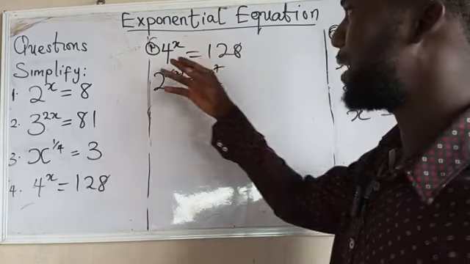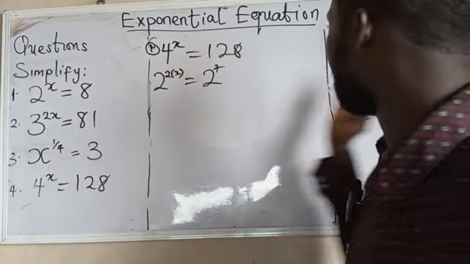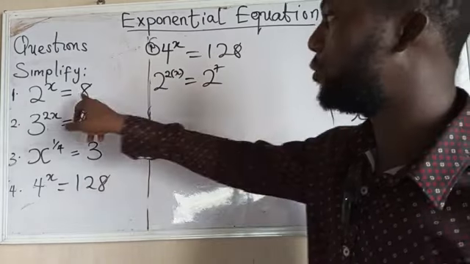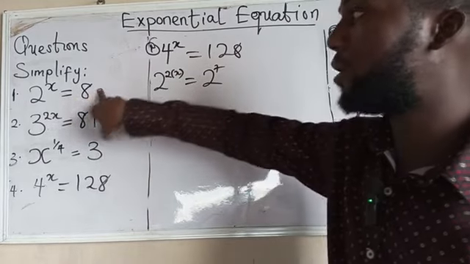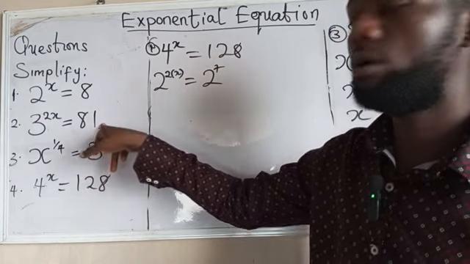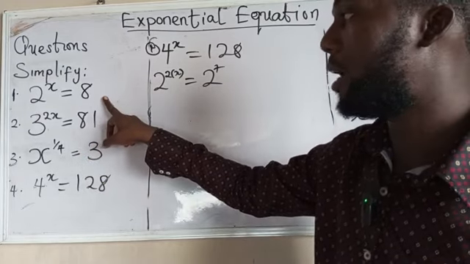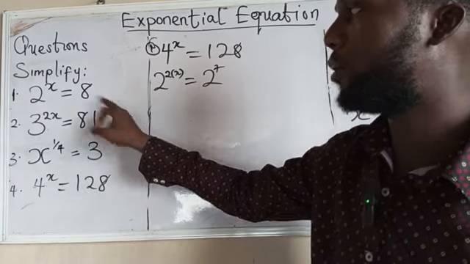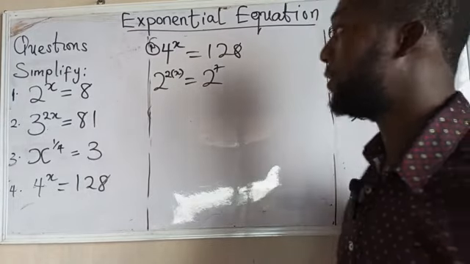Now, like what I've done so far, I was able to take this one to 2 raised to power 3, because I know that the lowest common base here is 2. I was able to take this one to 3 raised to power 4, because I know that the lowest common base there is 3.